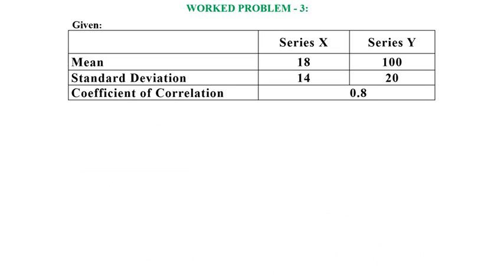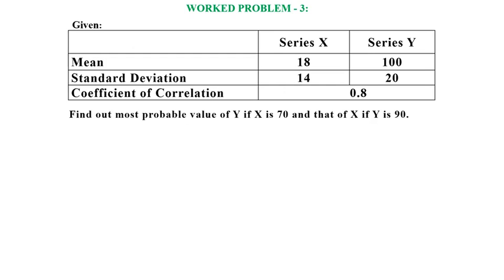Worked problem number 3. Same problem, I think, as we have worked out problem number 2. x bar is given as 18 and y bar is given as 100. Standard deviation of x 14, standard deviation of y 20 and correlation coefficient 0.8.